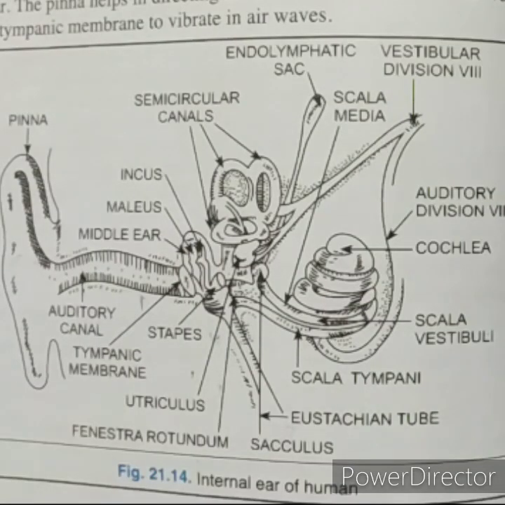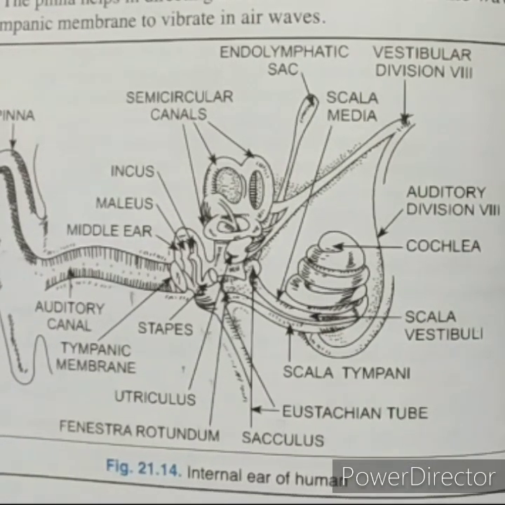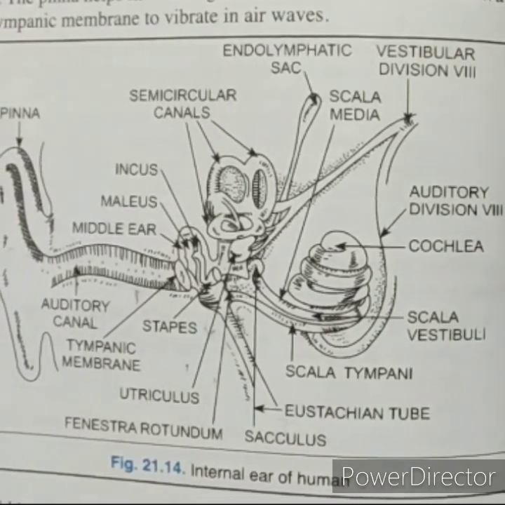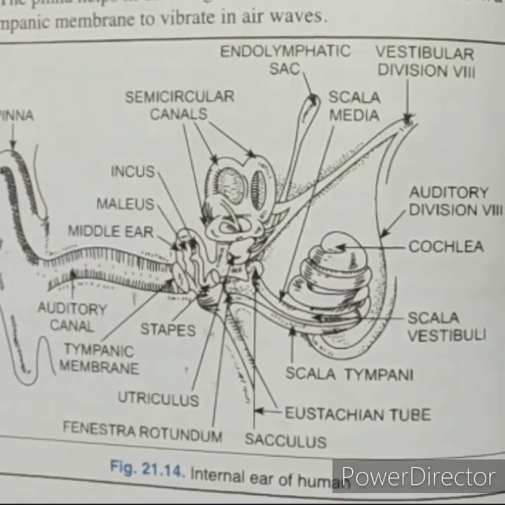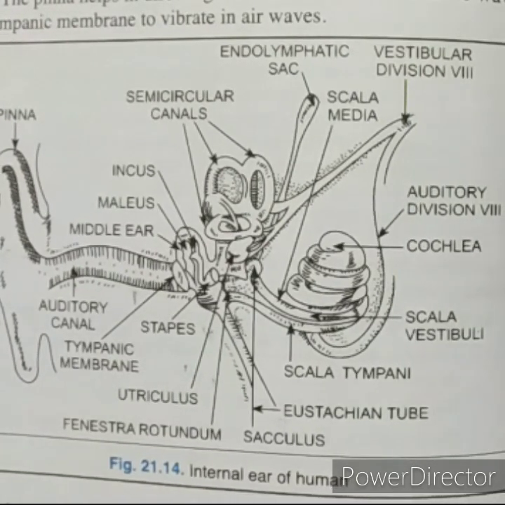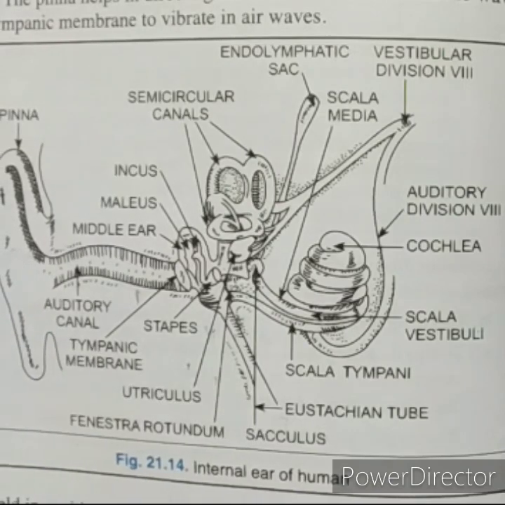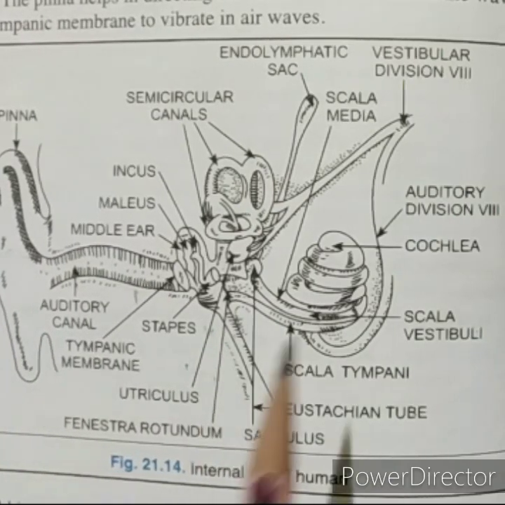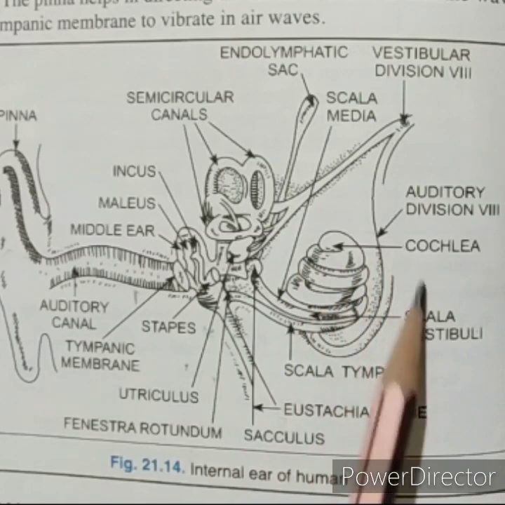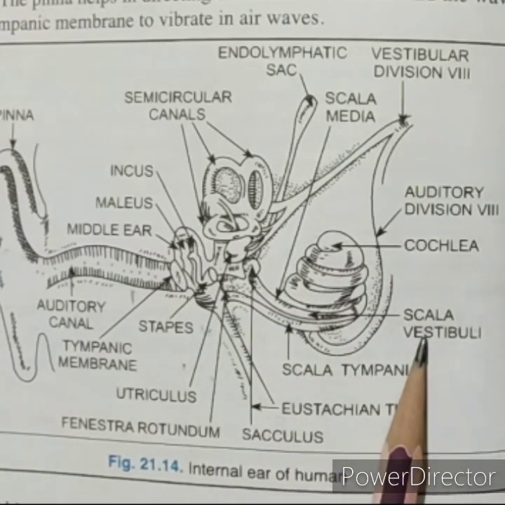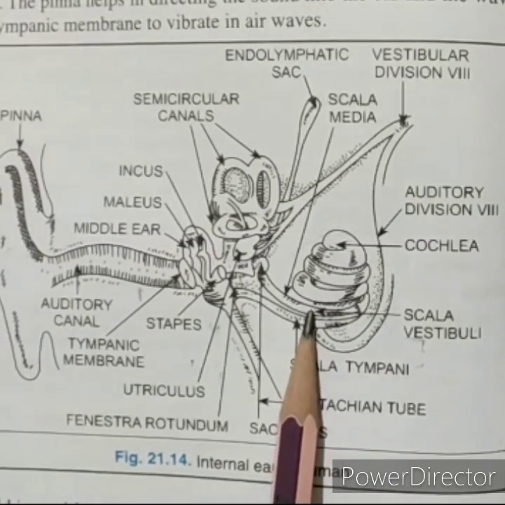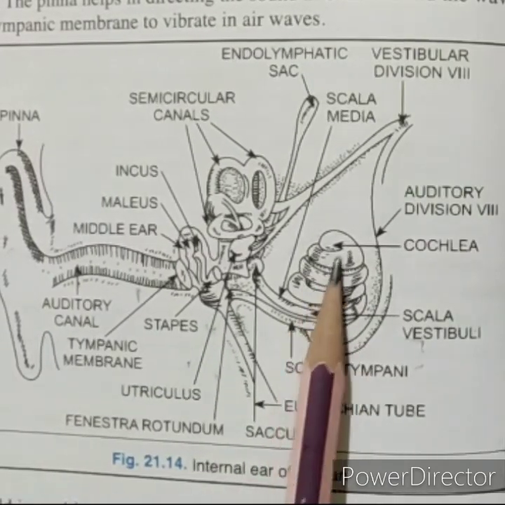The third most important part is called the internal ear or the membranous labyrinth. In the human ear, the internal ear or membranous labyrinth is the basic organ of hearing. The internal ear comprises two parts, the vestibule and the cochlea.